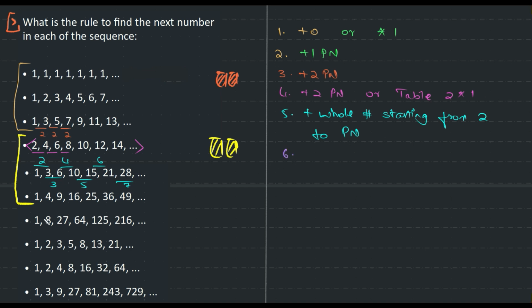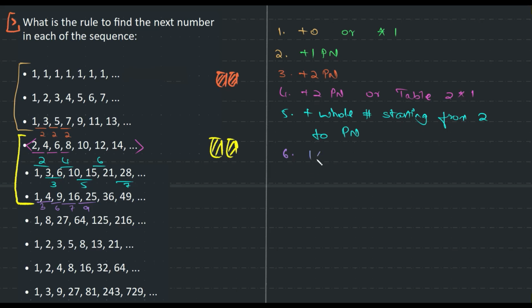Then let's look at the sixth one. The difference over here is 3, then 5, then 7, then here the difference is 9. What's happening over here? It's not that simple. If you think about it carefully, it's a bit difficult.